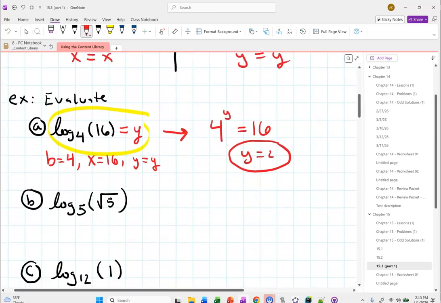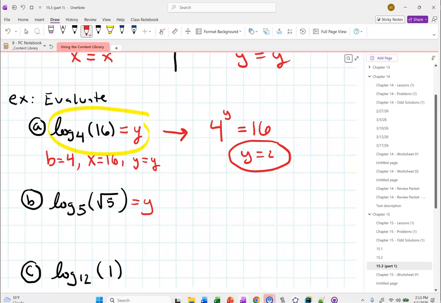So this time we have log base 5 of square root 5. Again, I'm going to write it as y equal to y. So I have a logarithmic equation.